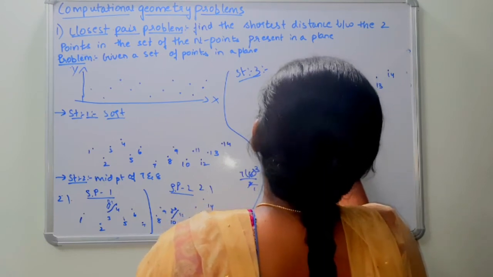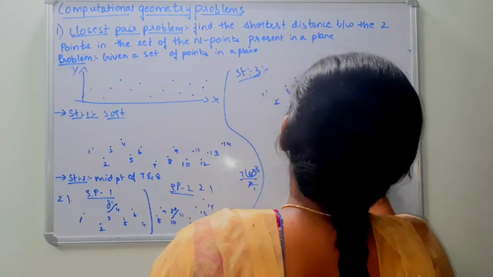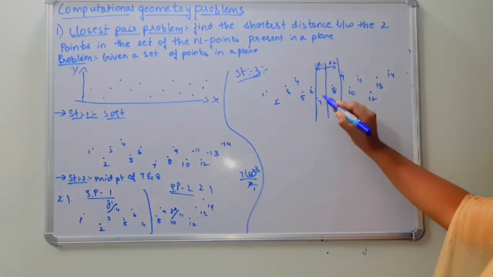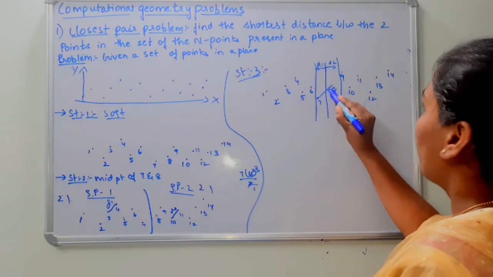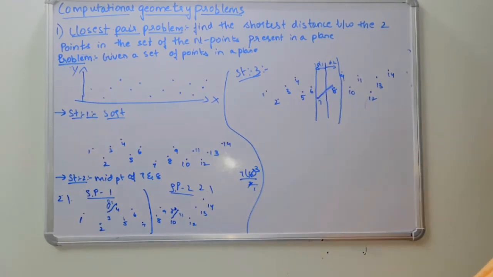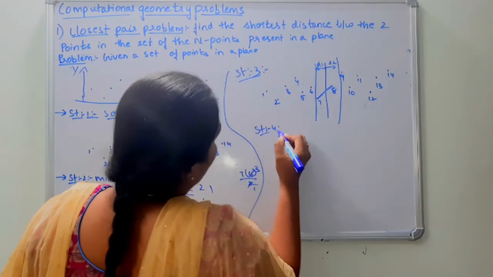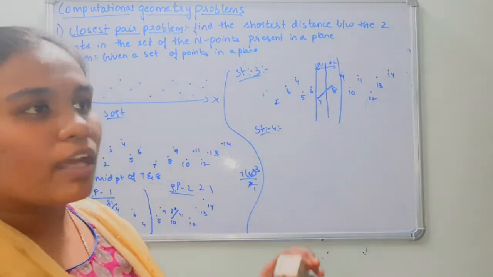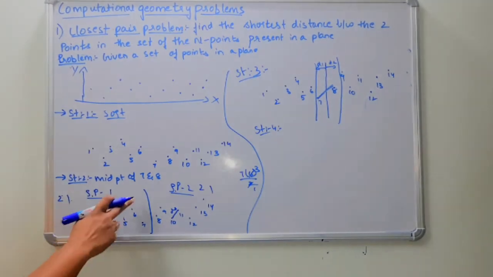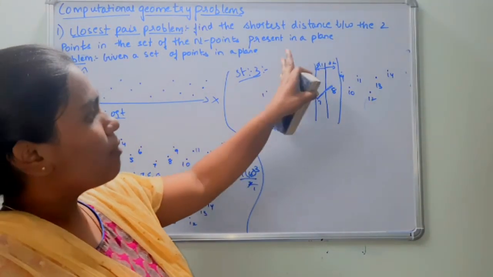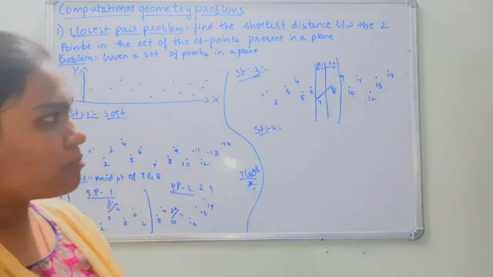We have to mention a line. Okay, and we have to compare this 7 and 8. Next, in step 4, by taking the advantage, we can divide into more subproblems. We have only 2 subproblems here. By this we can give any number of subproblems.